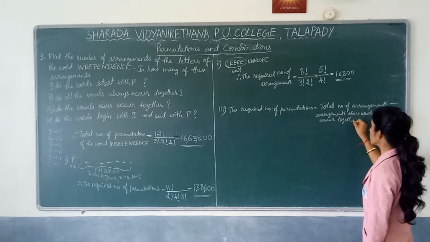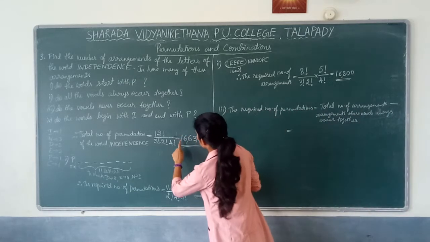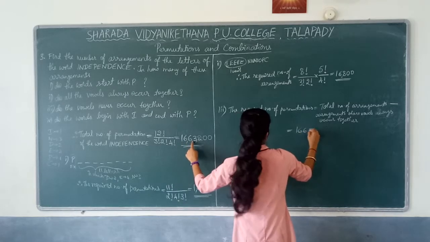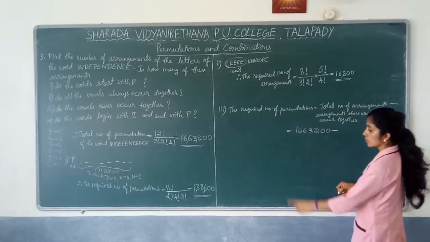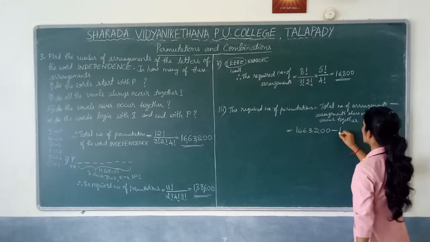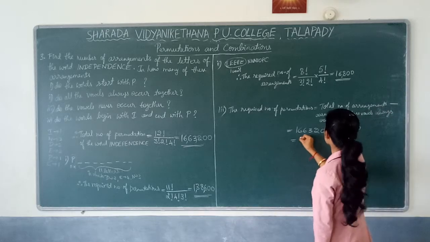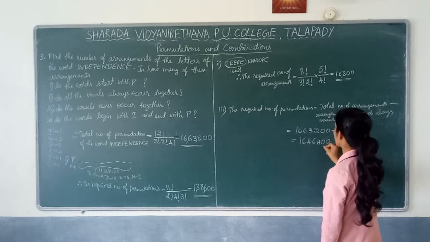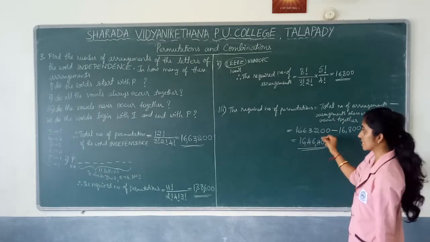So that is equal to, now see, total number of arrangements is how much? We got that as 1663200, right? Minus the arrangements where all the vowels are together is this one, 16,800. So when you subtract this, you will get the answer as 16,46400. Okay, this is the required number of permutations in this case.